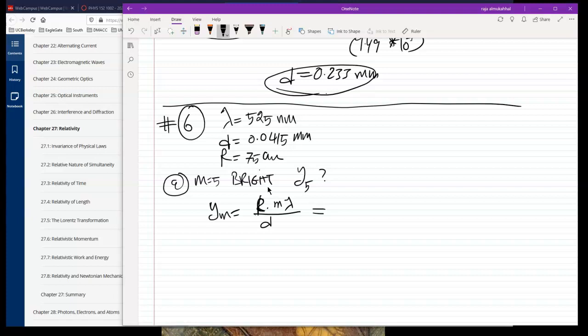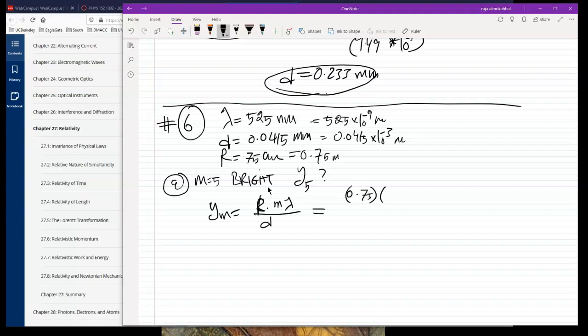So we have R is 0.75 meters. Remember, this is 0.75 meters. d is 0.0415 times 10 to the negative 3 meters. And lambda is 525 times 10 to the negative 9 meter.